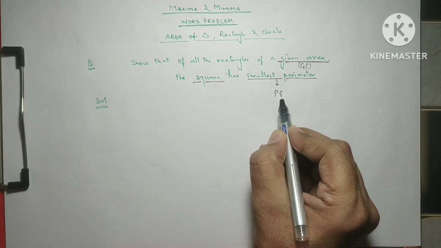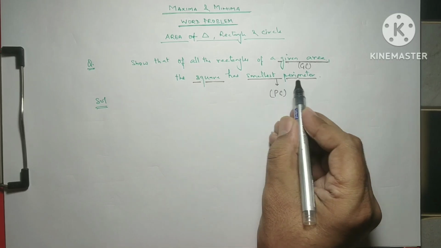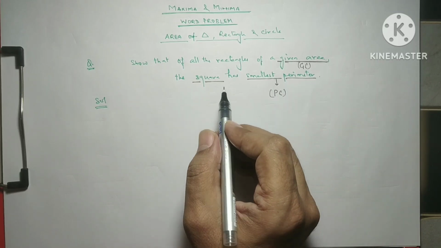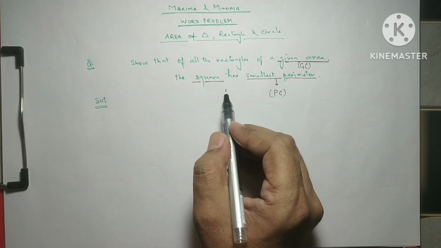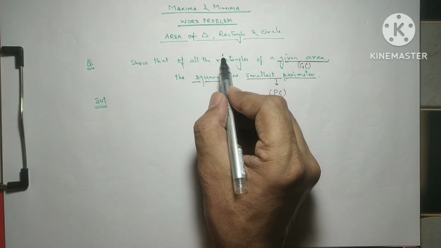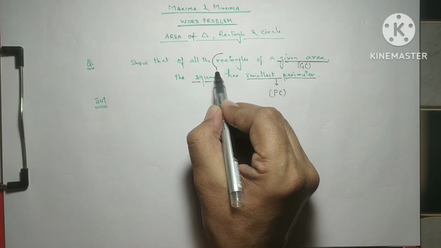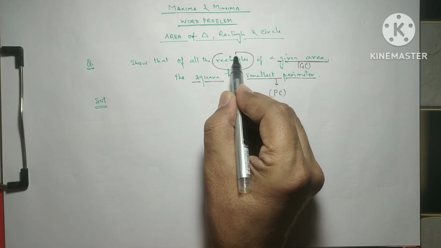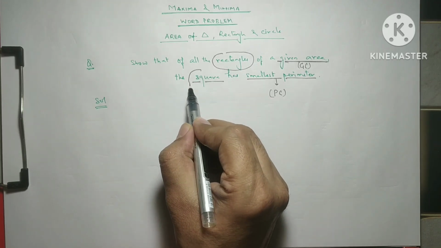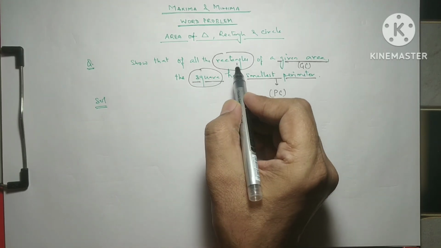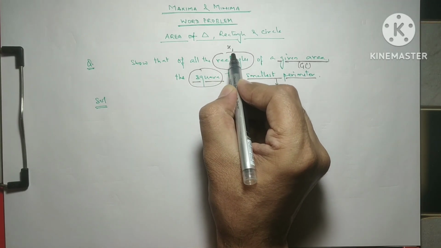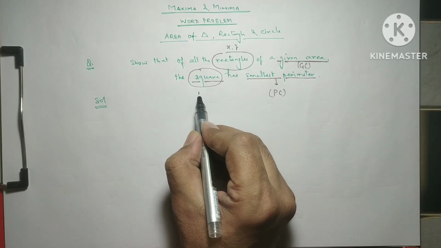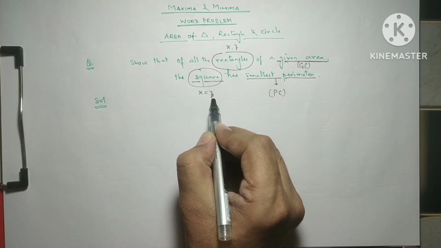We will use the second derivative test on this perimeter. And third is the intermediate condition, that this rectangle should be a square. So if the dimensions of this rectangle are x and y, these should be equal.